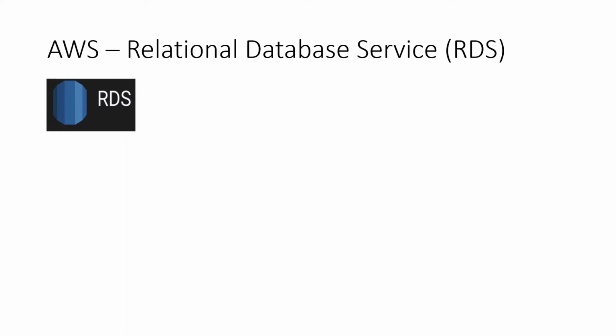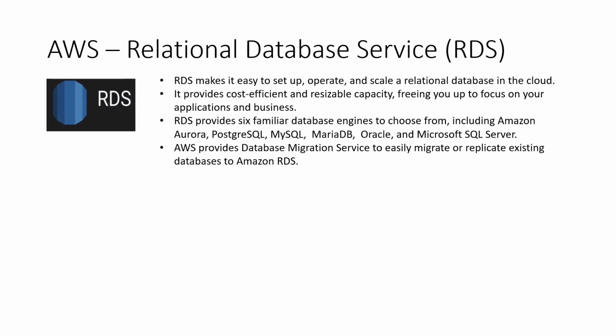Next, we take a look at the RDS service, which is the Relational Database Service. RDS makes it easy to set up, operate, and scale a relational database in the cloud. It provides cost-efficient and resizable capacity, freeing you up to focus on your applications and business. RDS provides 6 familiar database engines to choose from.